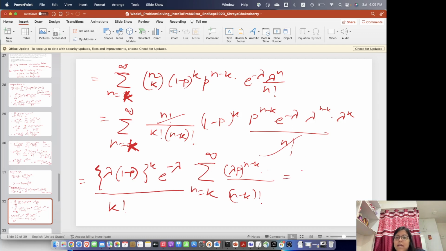So this will again be lambda into (1 minus p) to the power k, e to the power minus lambda by k factorial, into e to the power lambda p.